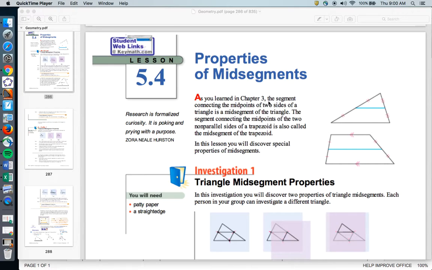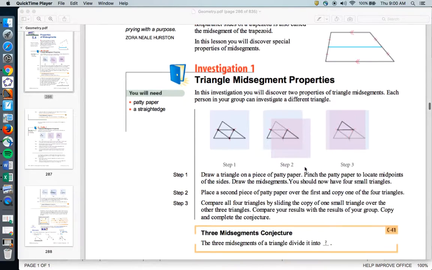As it says here, if we take the midpoints of two sides of a triangle and connect them, it's actually called a midsegment. You can also do the same thing with a trapezoid. It's the same idea. Take a midpoint of a side, with two sides really, and then connect them.